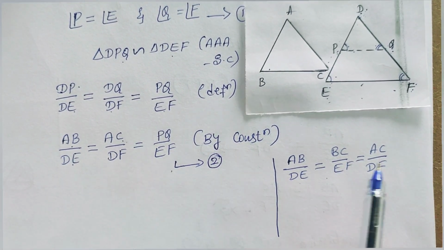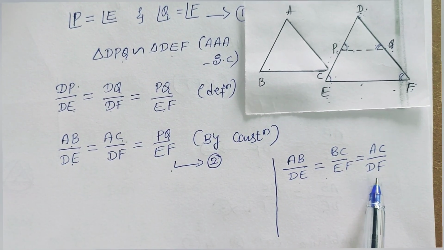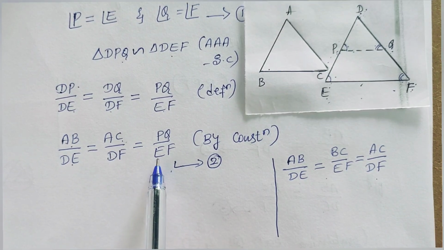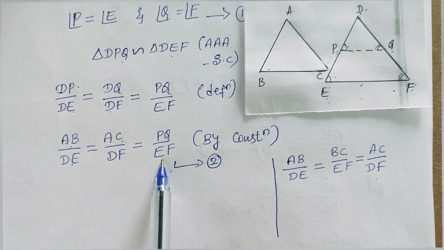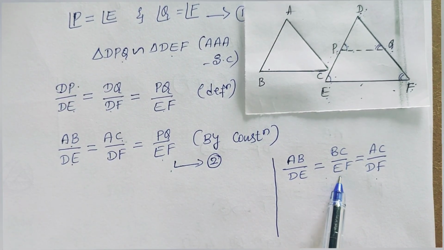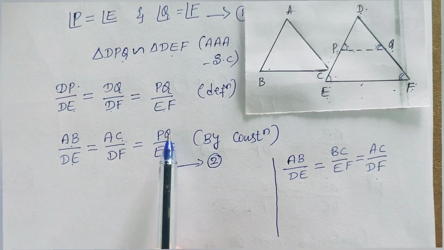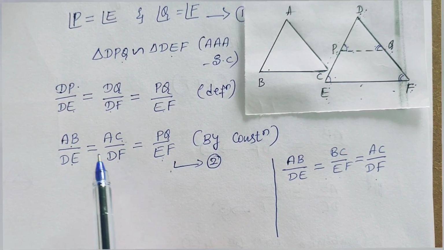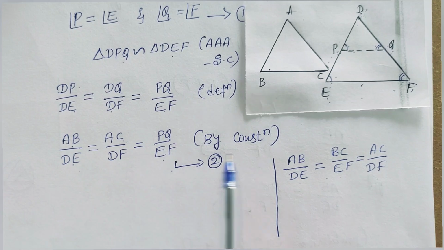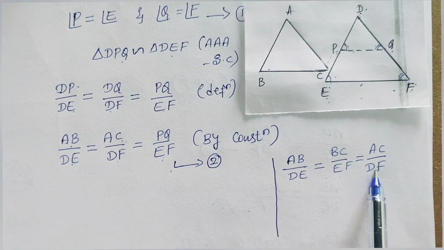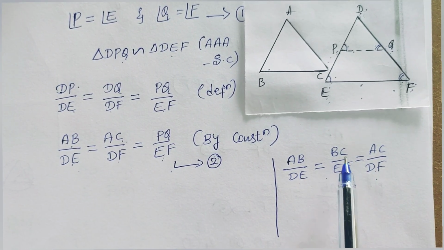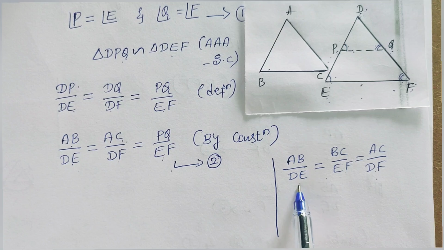AC by DF is equal to AC by DF. The only difference is PQ by EF here and BC by EF. Here, PQ by EF equals AC by DF, which equals AB by DE. Here also, AC by DF equals BC by EF, which equals AB by DE.